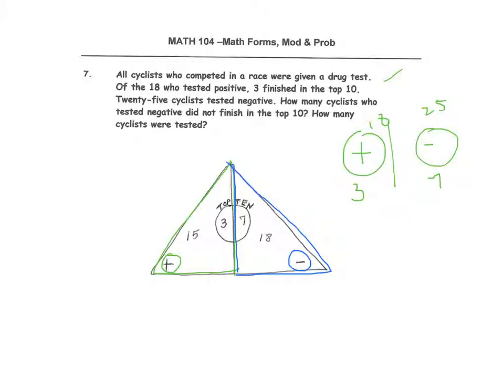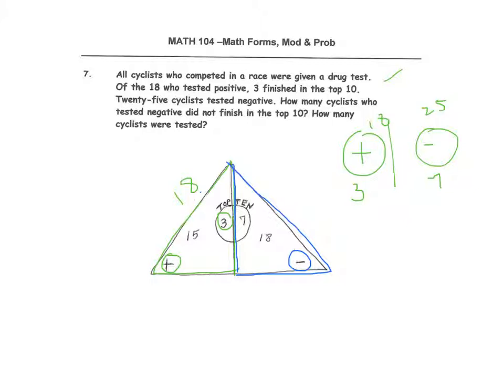So out of the people who tested positive, 3 came out in the top 10. So there were 18 total in the people who tested positive. So let's put that in green. So there were a total of 18 people who tested positive. 3 came out in the top 10.